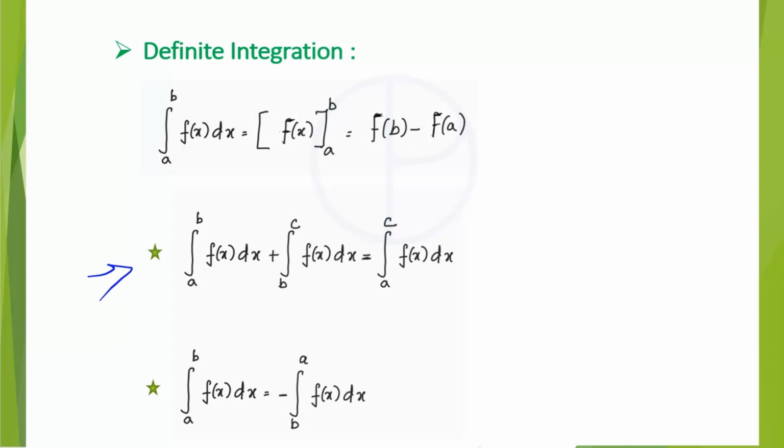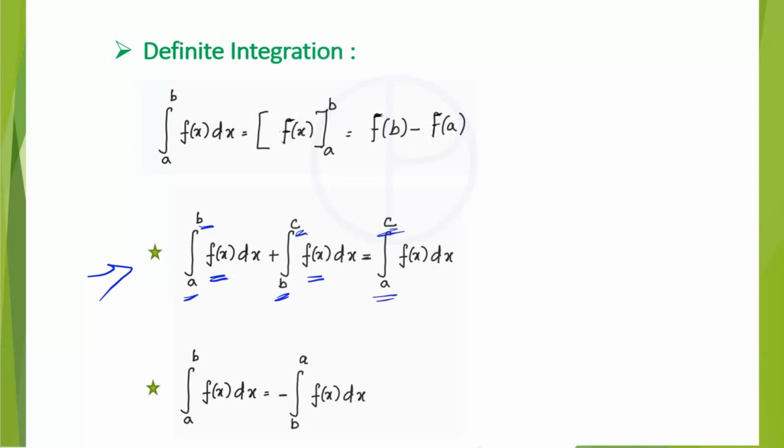We can combine these two integrations into a single integration, integral a to c. See, in both the cases it is f of x only, and the limit is from a to b and here from b to c. So combinedly it is from a to c.